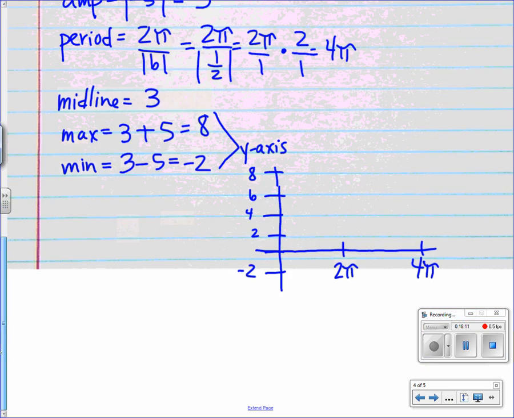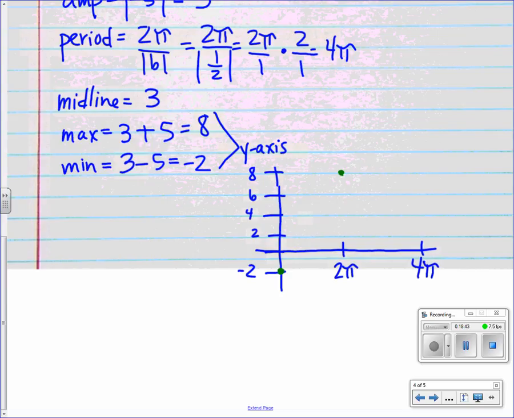Okay, so we're going to start at the minimum point, which is negative 2, right? And halfway the cosine reaches either the max or the min, depending on where it started. So if it started at the min, it's going to reach its max at halfway. So at 2 pi, that's really not split in half, is it? Whatever, it's close enough. So then halfway at 2 pi, it'll reach the maximum of 8.